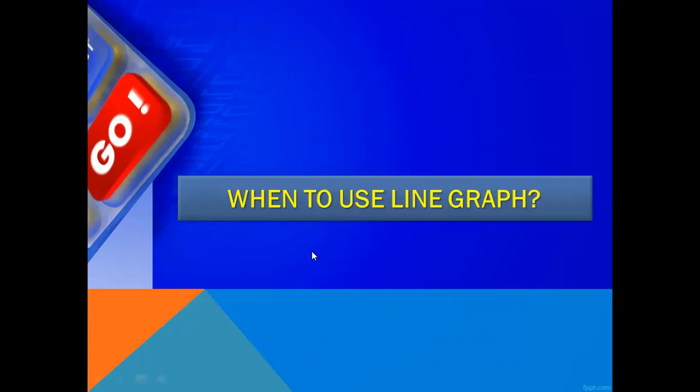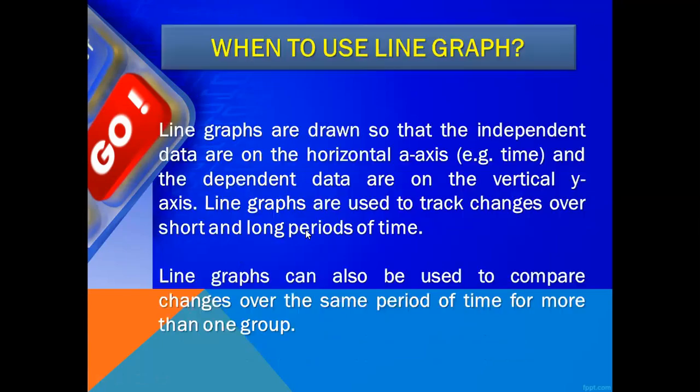And when to use a line graph? Line graphs are drawn so that the independent data are on the horizontal x-axis and the dependent data are on the vertical y-axis.